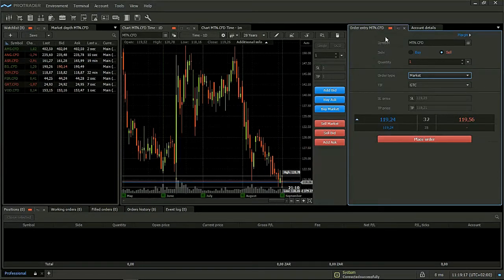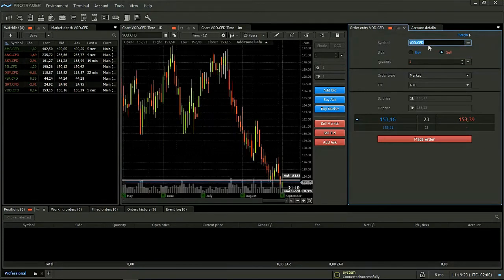The first part we will discuss is symbol. That is the symbol or specific share you want to buy or sell. So if you want to buy or sell Vodacom shares, just make sure to select Vodacom. Next is side. We can select buy or sell.